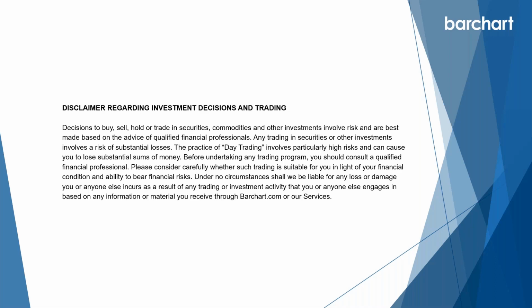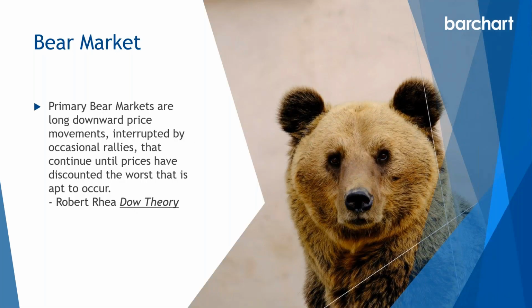So, what is a bear market? Robert Ray, in his book, defines it this way: primary bear markets are long downward price movements interrupted by occasional rallies that continue until price has discounted the worst that is apt to occur. Let's read this again: extended downward price action with corrective counter bull moves that continues until the market discounts everything.